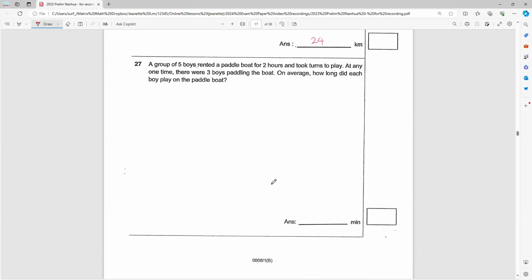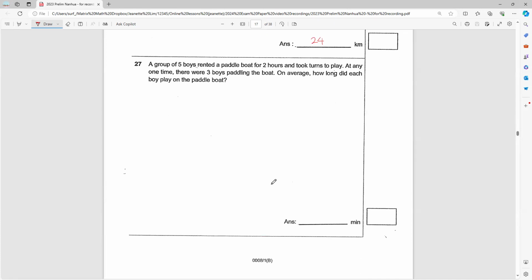Question 27. A group of 5 boys rented a paddle boat for 2 hours and took turns to play. At any one time, there were 3 boys paddling the boat. On average, how long did each boy play on the paddle boat? Okay, so to do this type of question, first, there are 5 of them, 2 hours, and they take turns to play.